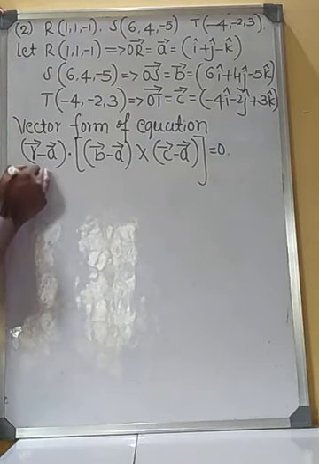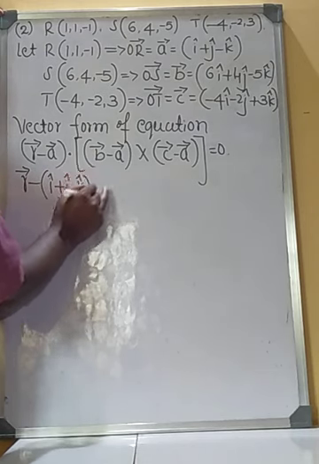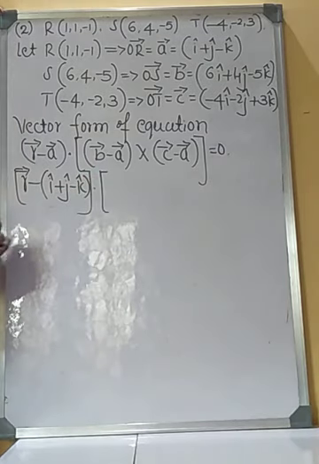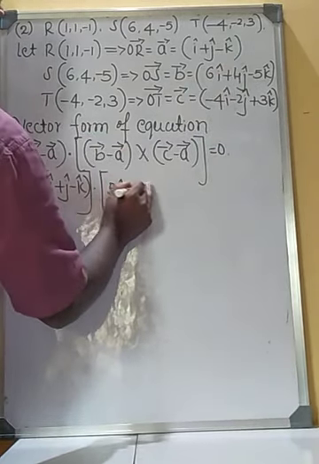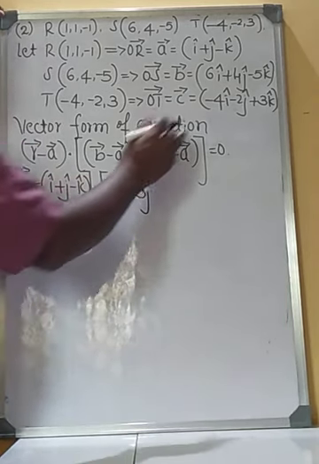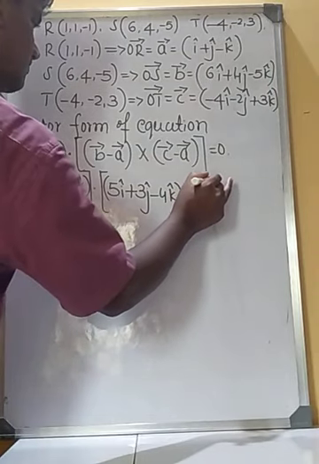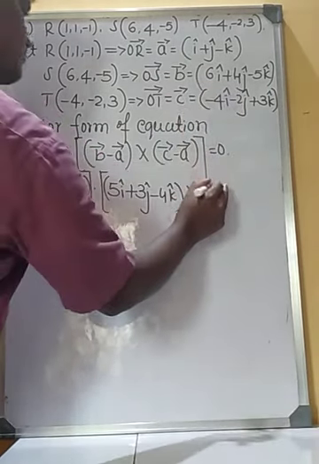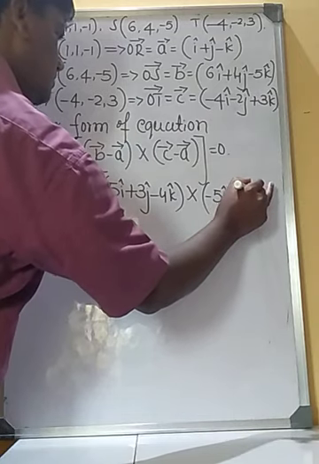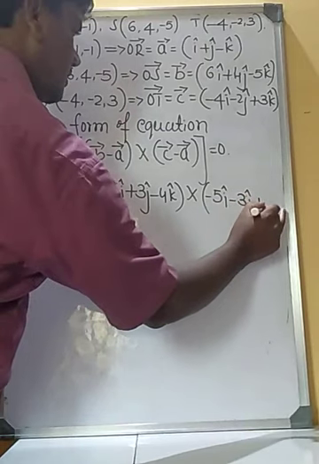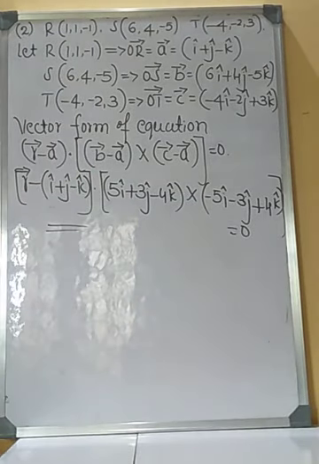Vector R we write as it is, minus vector A: i plus j minus k, dot vector B minus vector A: 6 minus 1 is 5i, 4 minus 1 is 3j, -5 plus 1 is -4k. So vector B minus vector A cross C minus A: -4 minus 1 is -5i, -2 minus 1 is -3j, 3 plus 1 is 4k, is equal to 0. So this is the vector equation of the plane.